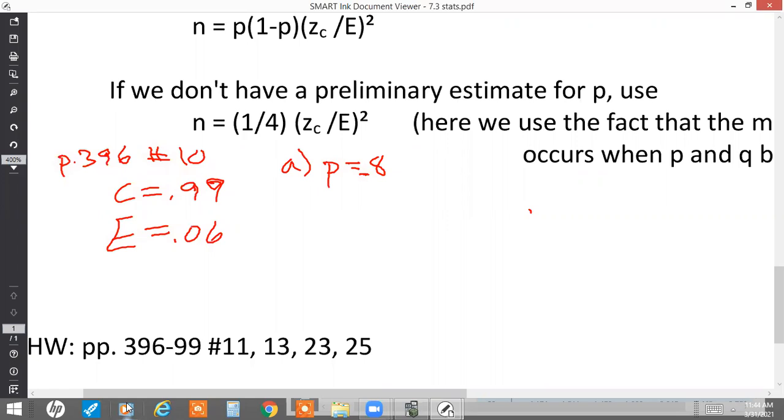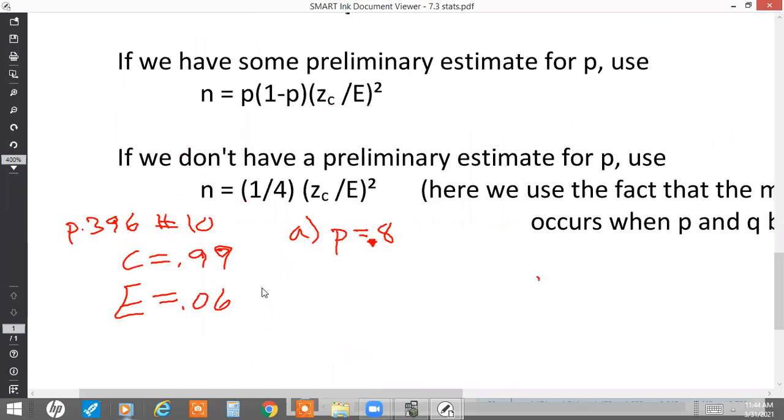Notice for part A, we have a preliminary estimate for P. That's this first case right here. So here's what we're going to use.